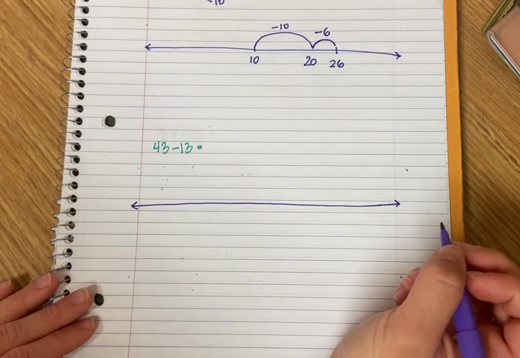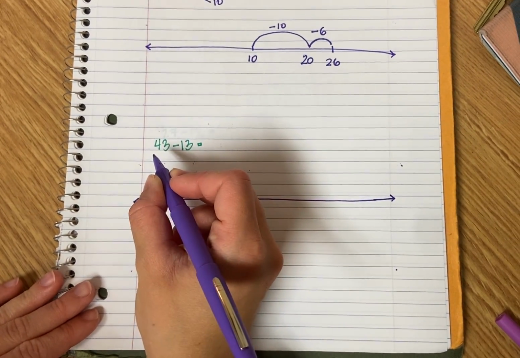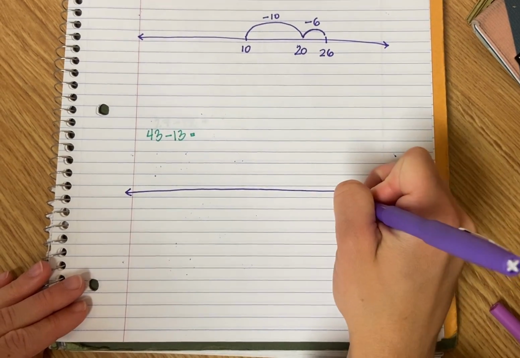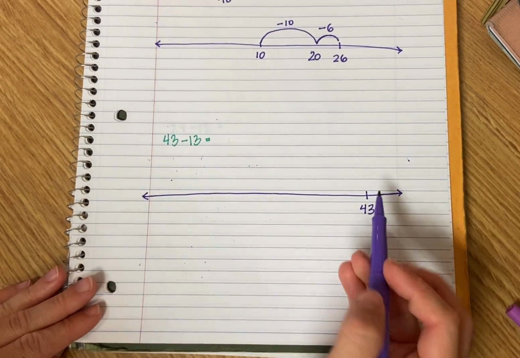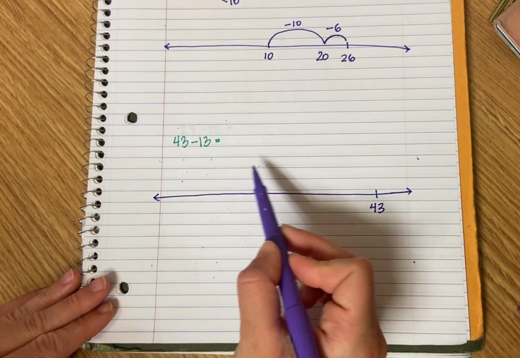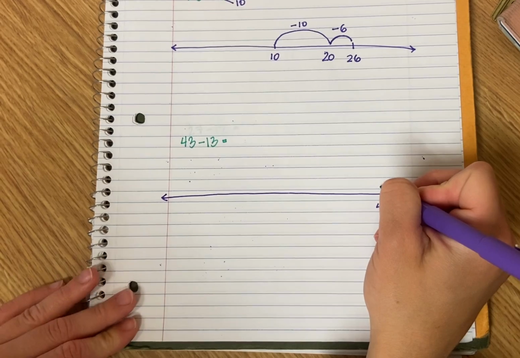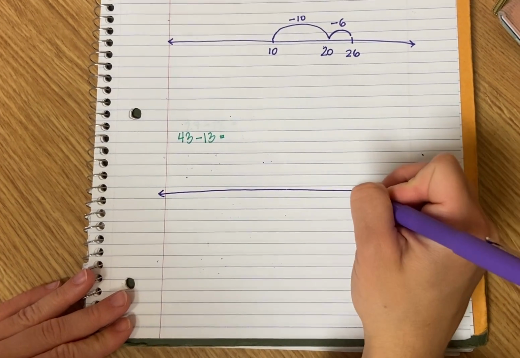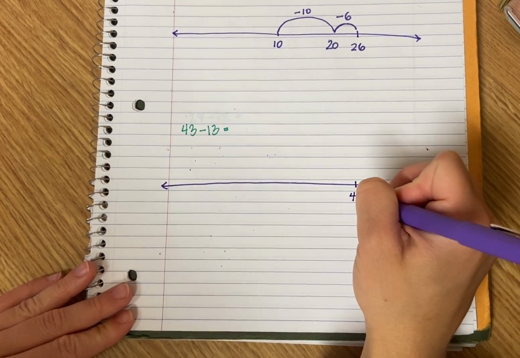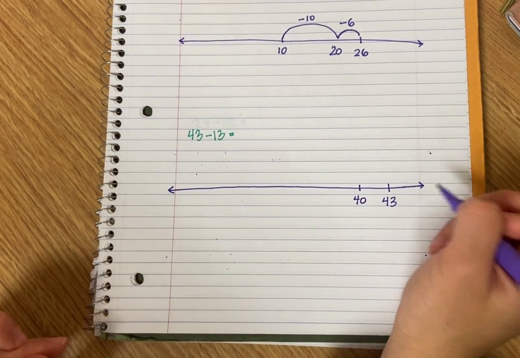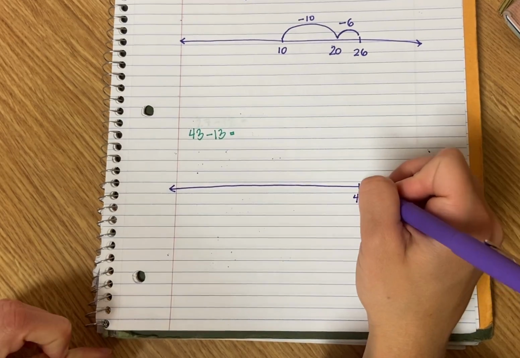So we have the number 43, that's what we're starting with. And we're going to put it down on this side of the number line since we're going to be having to hop backwards. And it would be great to get to the benchmark 40. So we would have to subtract 3 from 43 to get 40.